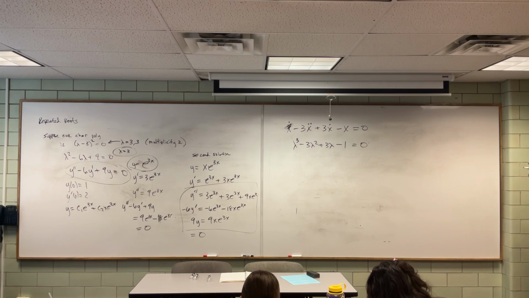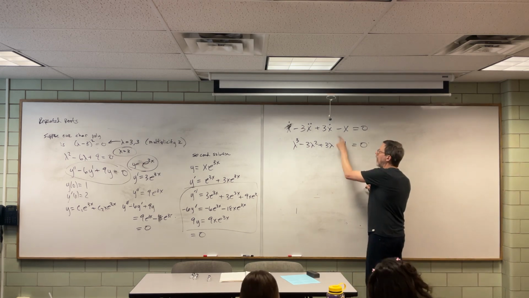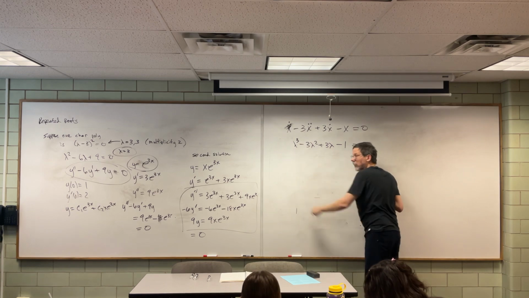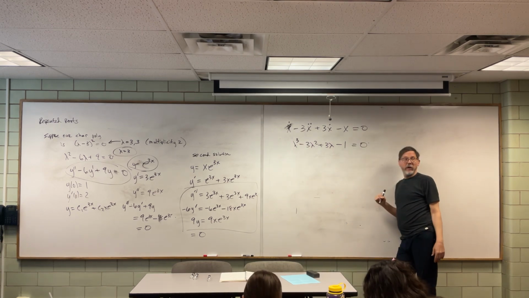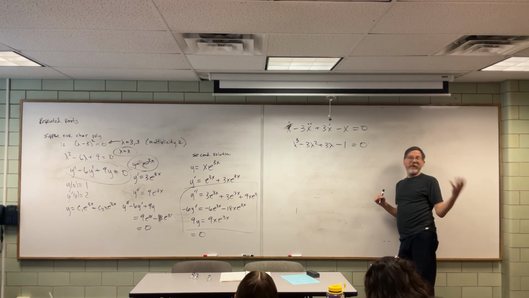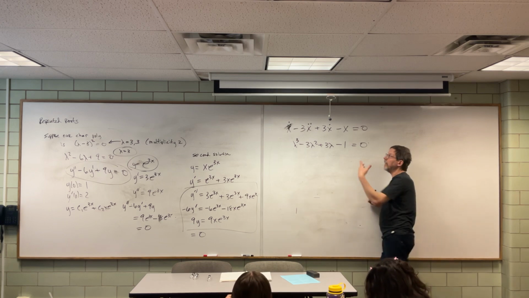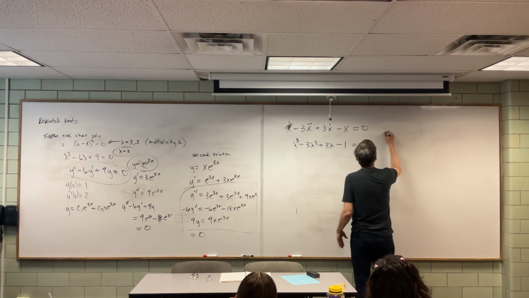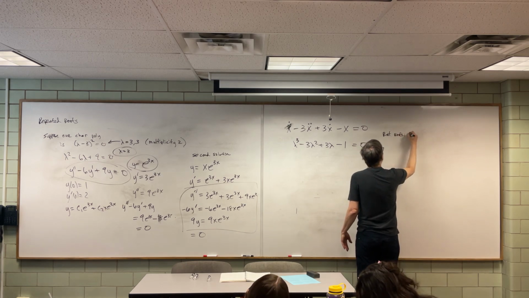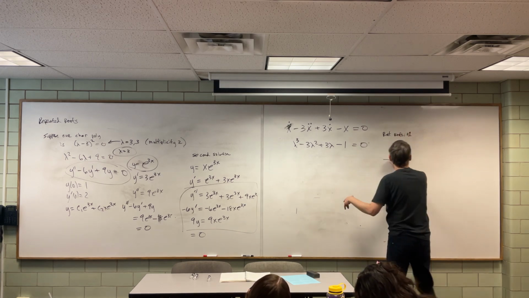Think leading coefficient and constant term. All the factors of this over all the factors of the number out in front. What do I got? 1 or minus 1, right? Literally, the only rational roots of this can be plus or minus 1.